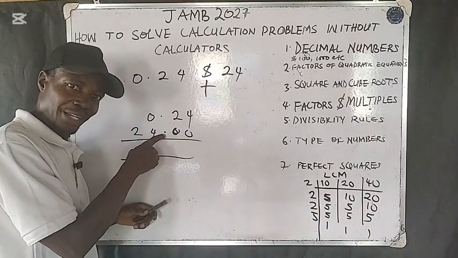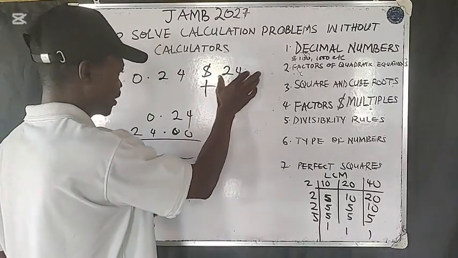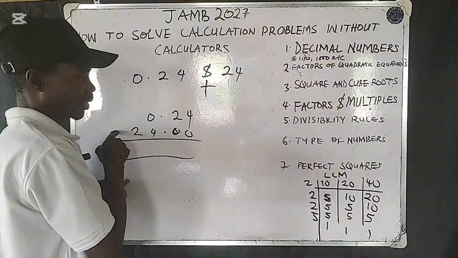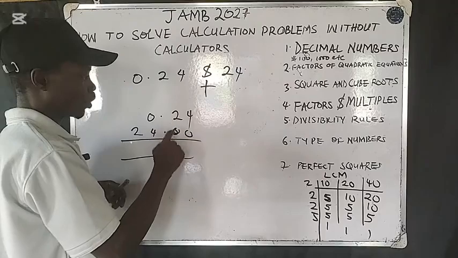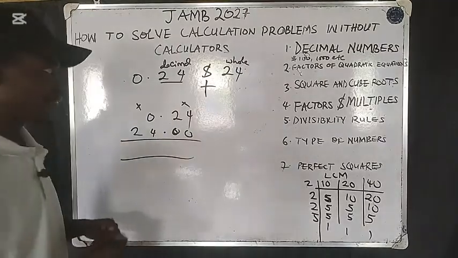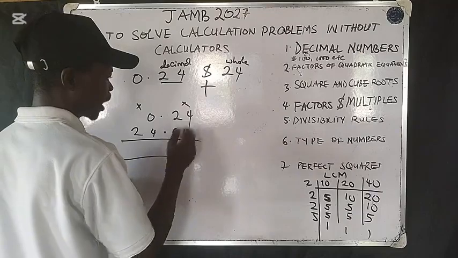Please don't forget this. A whole number like this must be on the left of decimal point, while a decimal number like this must be on the right of decimal point. And if there is no decimal point, put decimal point there and put 0, 0.